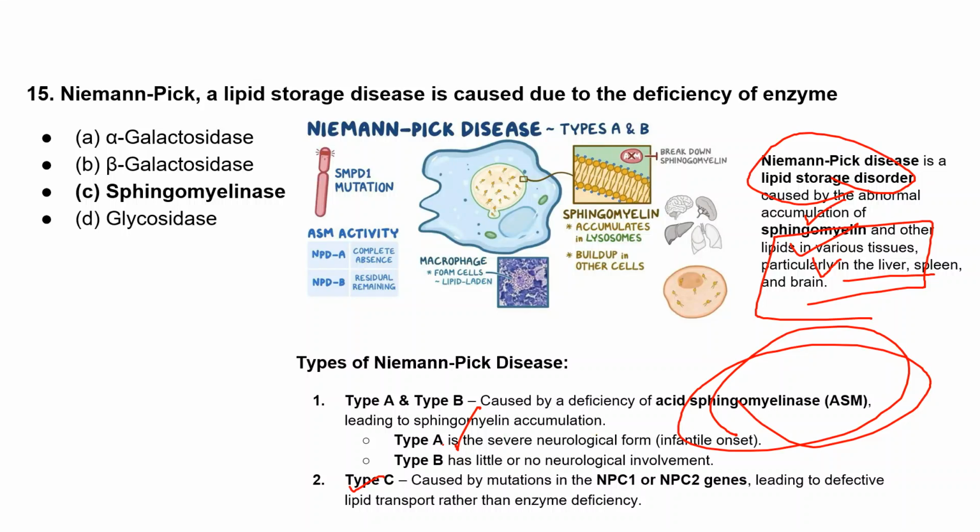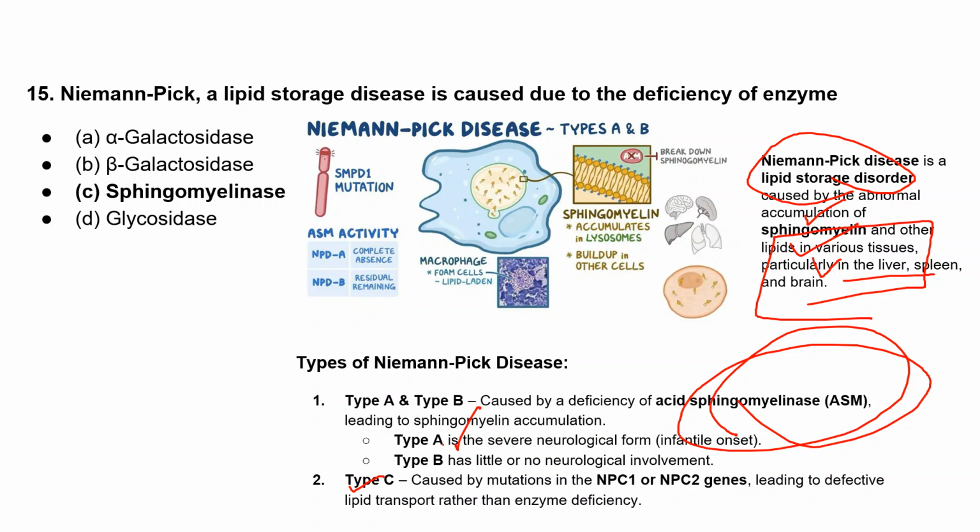Type A is a very severe neurological form, and type B has little or no neurological involvement. Type C is caused by mutations in the NPC1 and NPC2 genes, leading to defective lipid transport rather than enzyme deficiency.